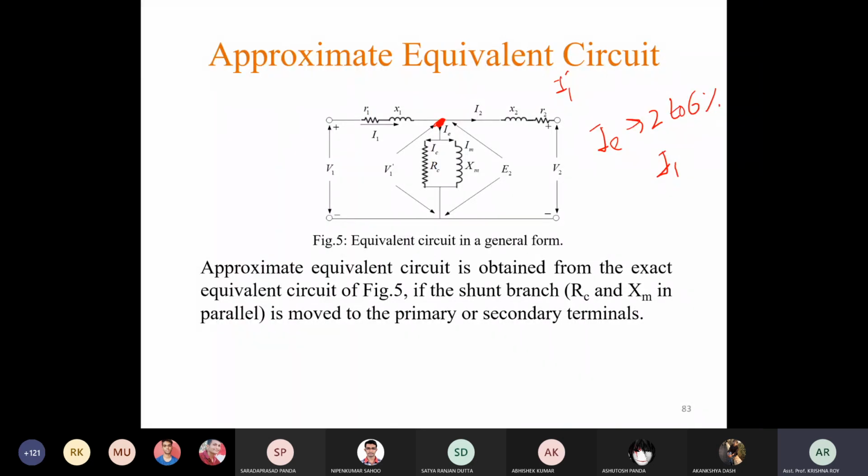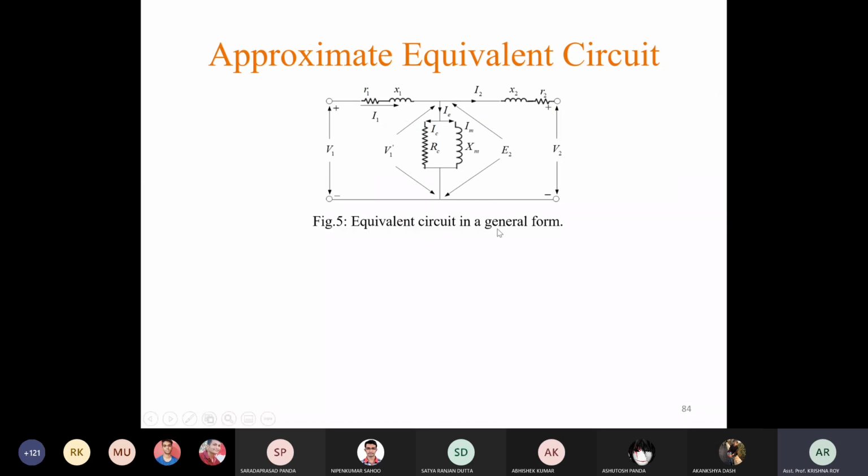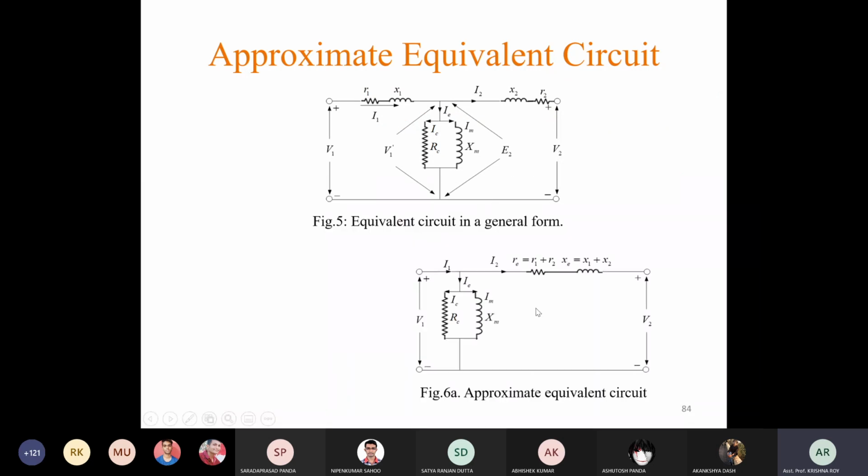So we can either exclude it or include it while calculating the voltage drops across the primary winding resistance or secondary winding resistance. So we can shift this point to connect it here or here. We will be seeing those two modifications. So consider this circuit. Here this point is shifted here.